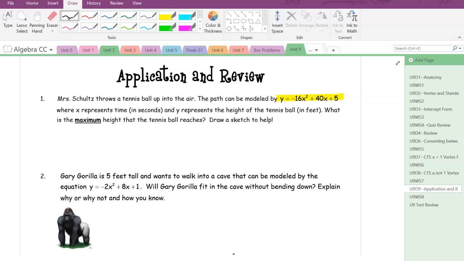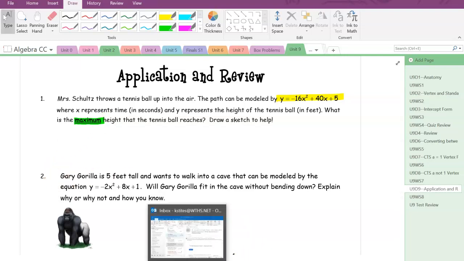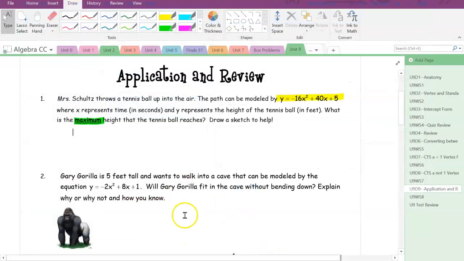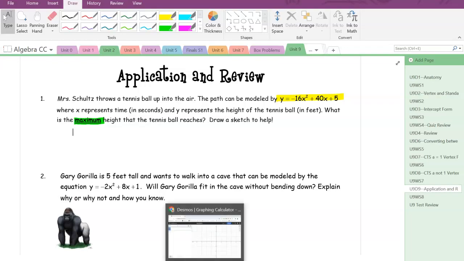All right, well, we've kind of got a clue here. We were told maximum. So we know that maximum is another term for a vertex. So we can go ahead and graph this using Desmos and then try to find that vertex. So let's go to Desmos.